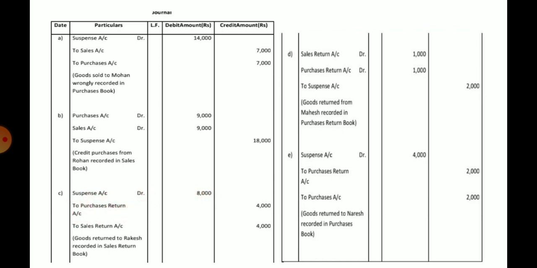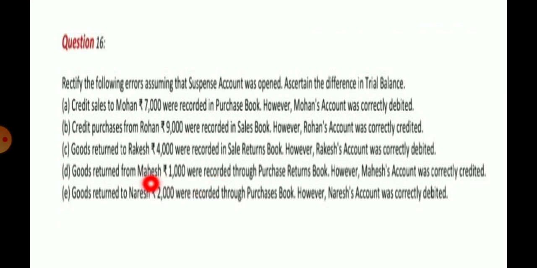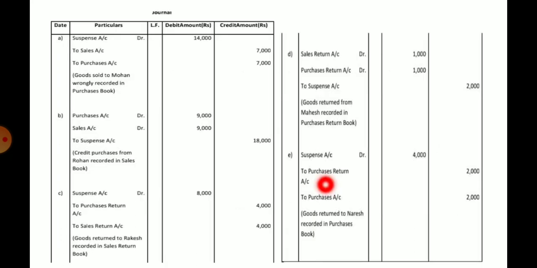Okay. Now another transaction is goods returned from Mahesh 1,000 were recorded through the purchase return book. However, Mahesh's account was correctly credited. So what will be the entry? This is the entry: sales return, purchase return to suspense.